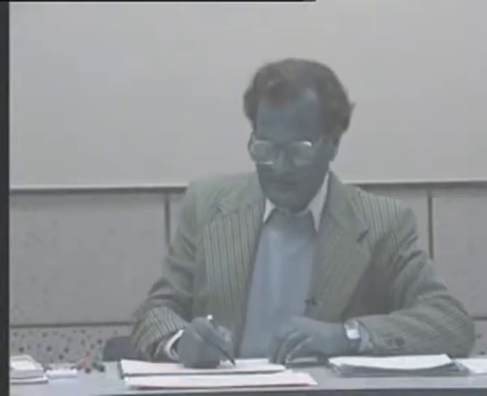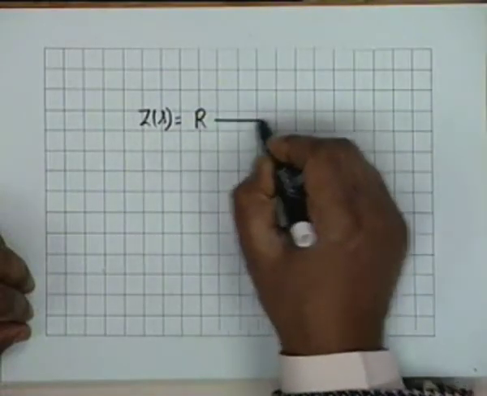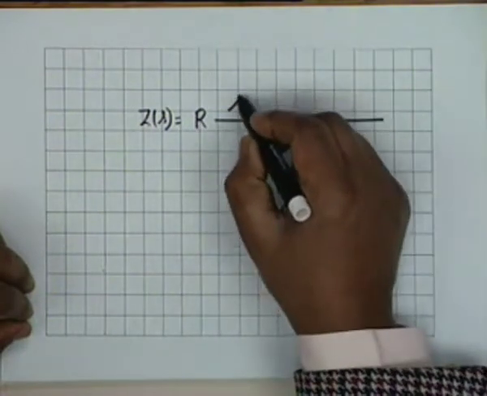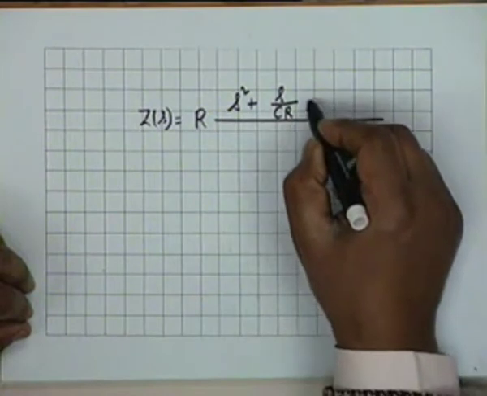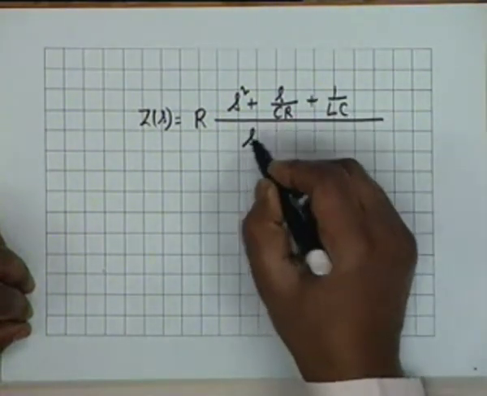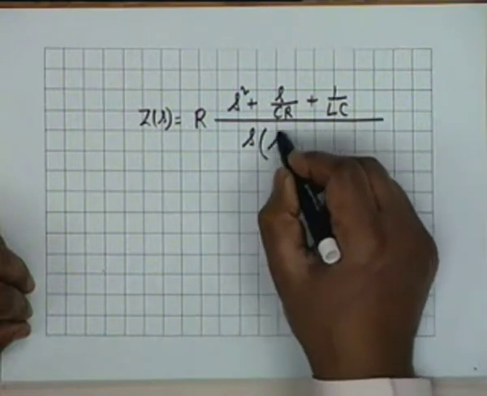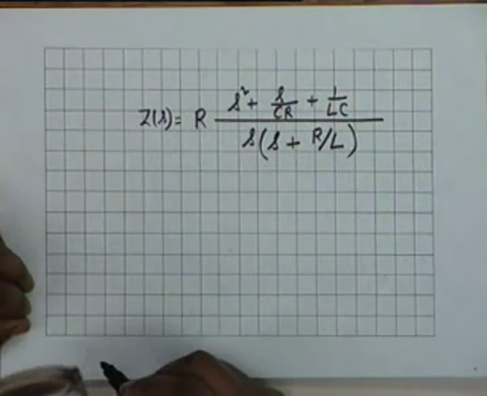Then we get Z of S equal to R times (S squared plus S divided by CR plus 1 over LC), and here I shall get S times (S plus R by L). Is that okay?